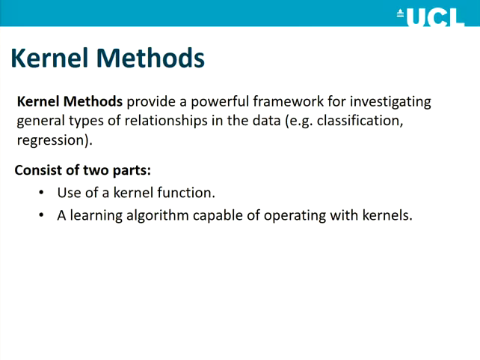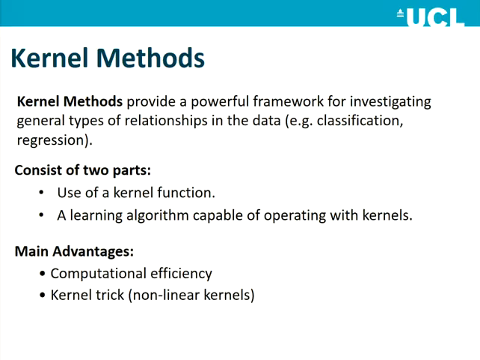It consists of two parts: a kernel function and a learning algorithm that works with the kernel. The main advantage in neuroimaging is computational efficiency, but you can also use the kernel trick for nonlinear kernels. Most of the applications in neuroimaging data have been with linear kernels, and in the next slide I will talk a little bit more about why this is the case.